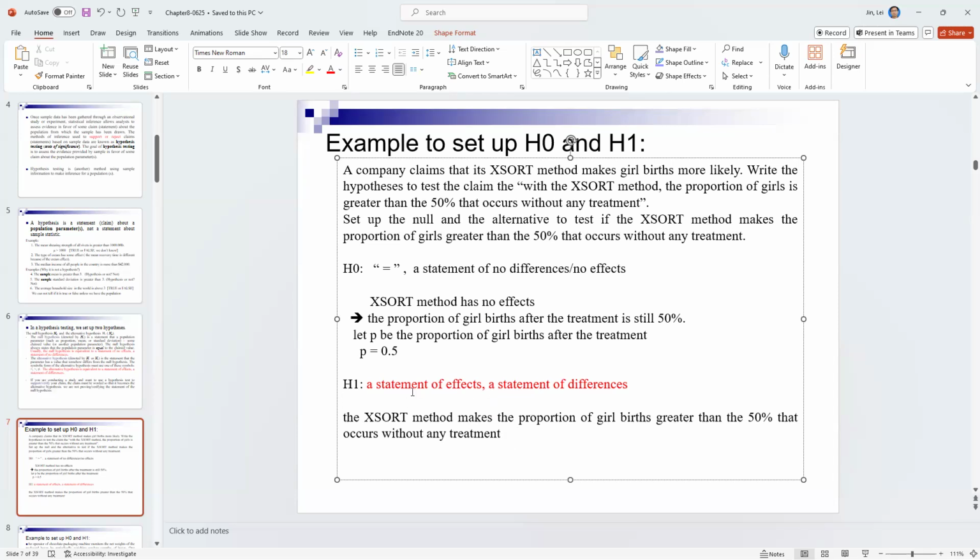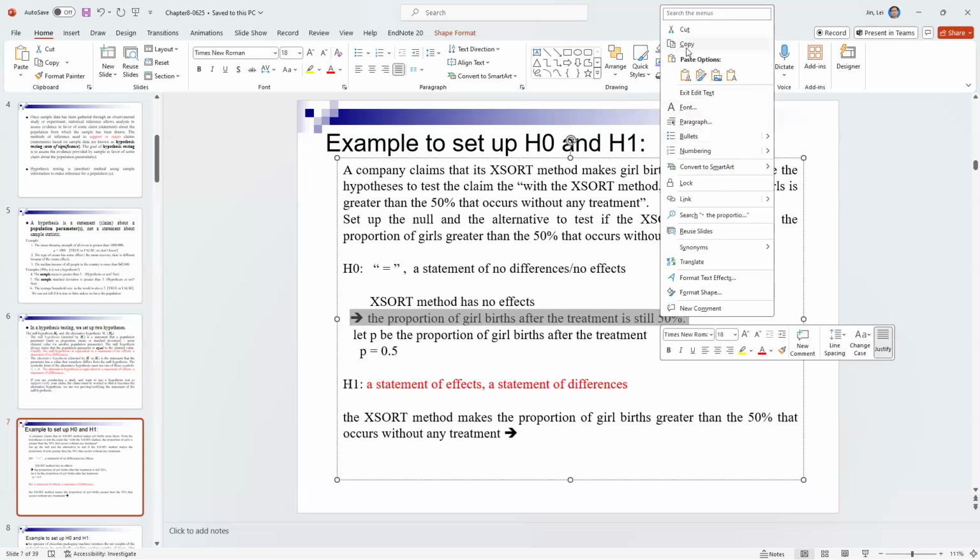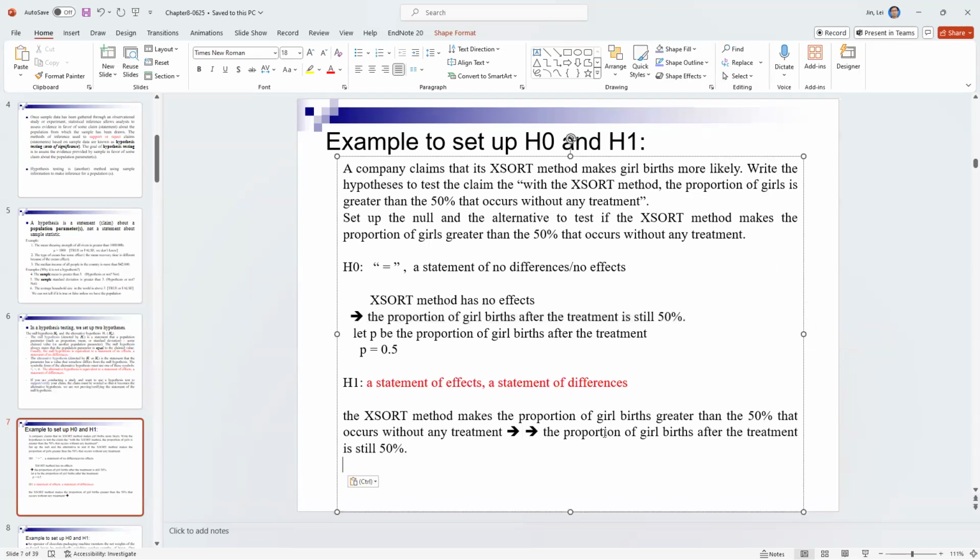So this is a statement of effect: the XOR method makes girl birth more likely. And this is equivalent to what? The proportion of girl births after treatment is more than 50%.